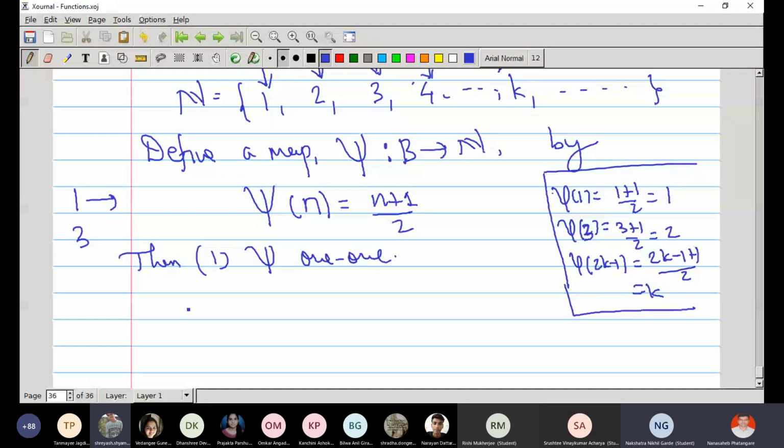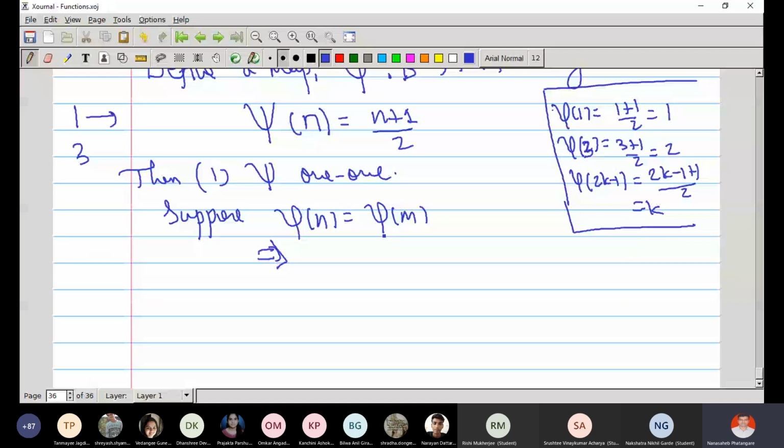Right. So just take psi of n is equal to psi of m. Suppose images are equal, then prove that pre-images are also equal. We cannot have distinct pre-images. So psi of n is equal to psi of m. But what is psi of n? What is psi of m?